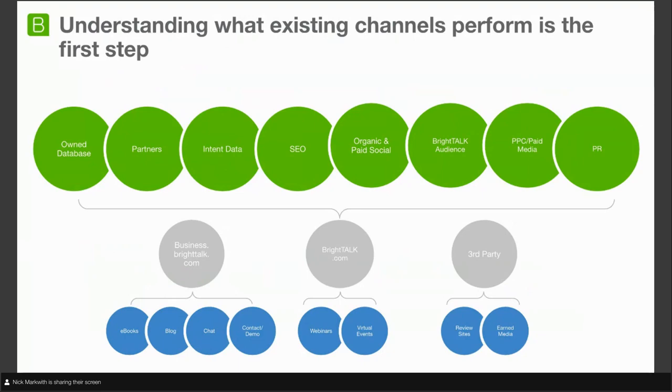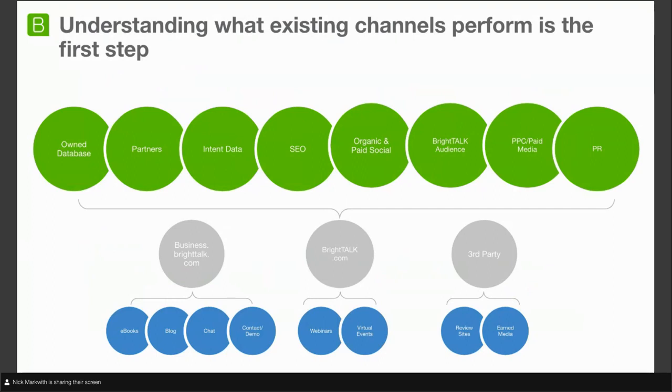But as you see here, BrightTALK is looking at a few different sources. Obviously, our own media, our own database, is massive. Partners: we have a very large partner network that we work with in order to generate leads as well as create content. Intent data from both external and internal sources. SEO, obviously. It's so important, especially with today's focus on all digital.